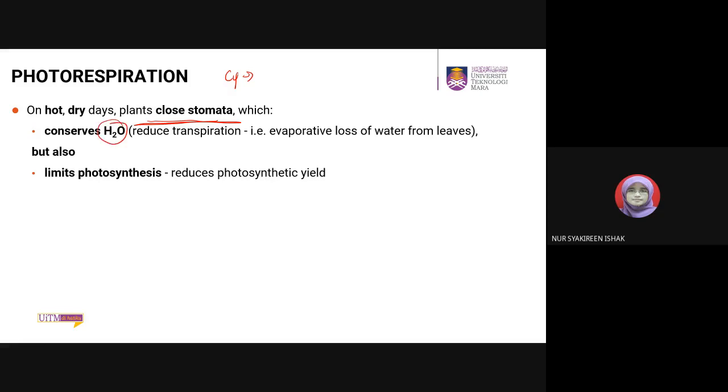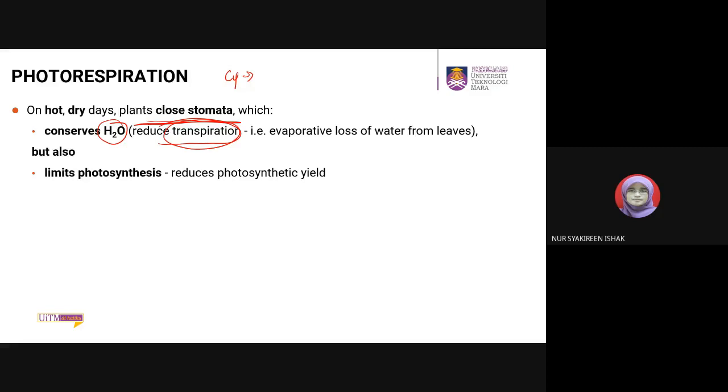Sebab pada hari panas terik, tumbuhan ni adalah tumbuhan yang static. Dia tak boleh lari cari tempat yang teduh kan. So dia punya mechanism adalah close stomata to reduce water loss, okay, to conserve water that is lost through transpiration.